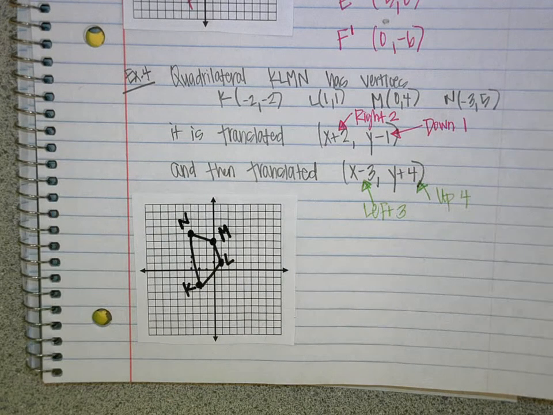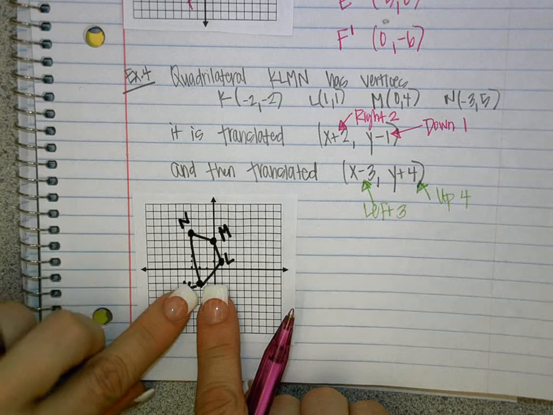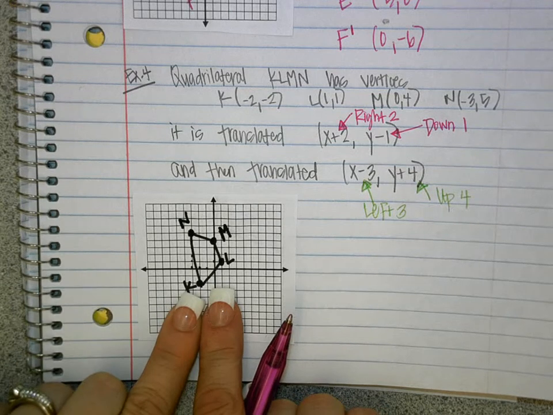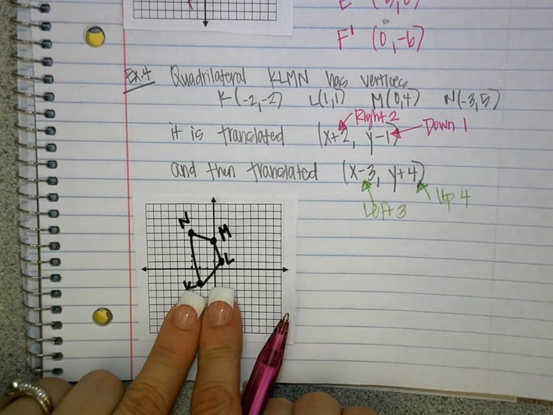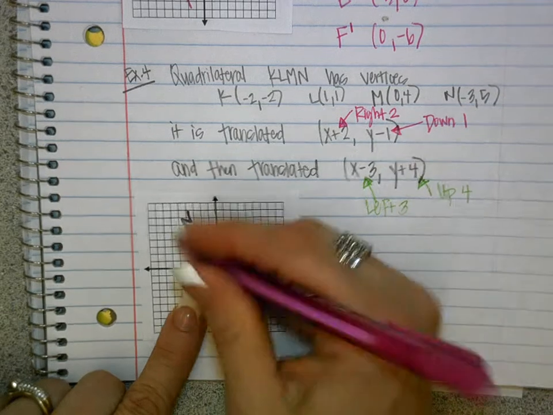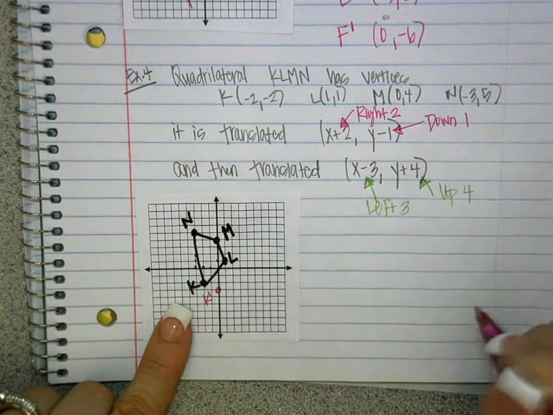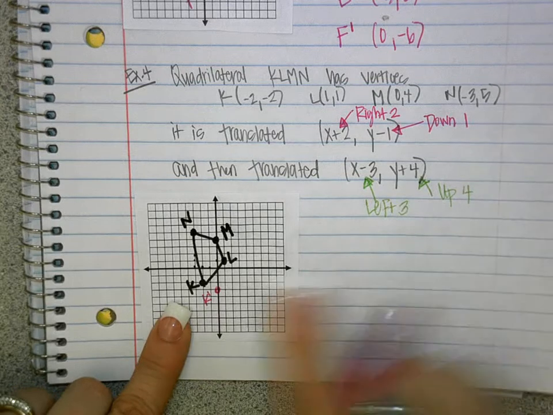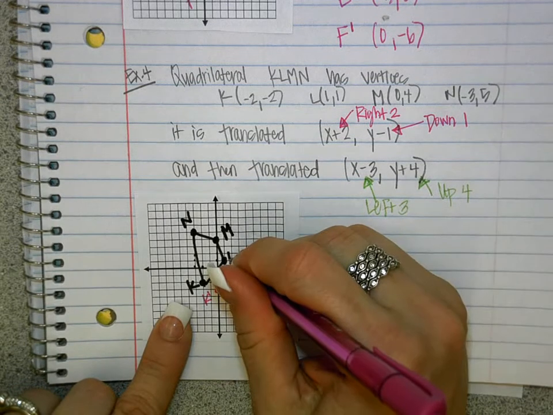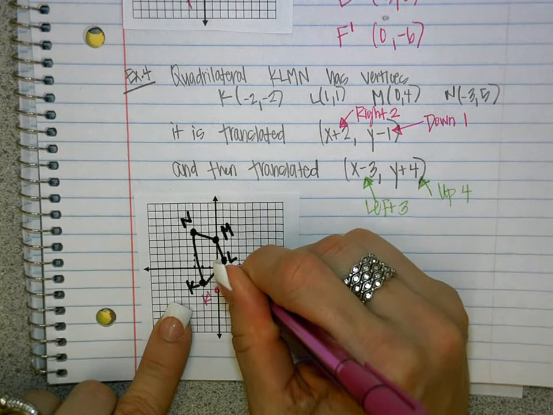From every single point, so K, to get there, you're going to move right 2, down 1. That's your K prime. Then L, do the same thing: move right 2 and down 1. That's your L prime.